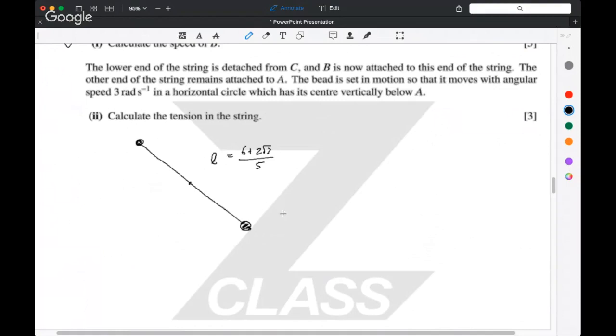Now they're asking us for the tension in this new string, and they've given us omega. Just a quick review: when you have something moving in a rotational way, it has a number associated with it, omega, which is radians per second.